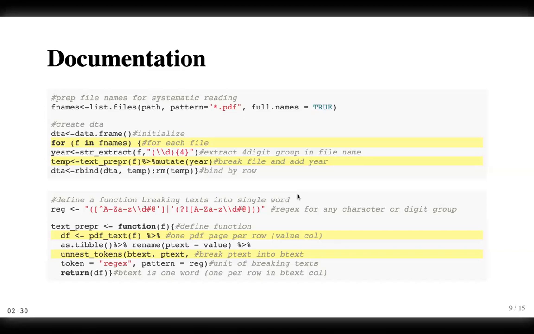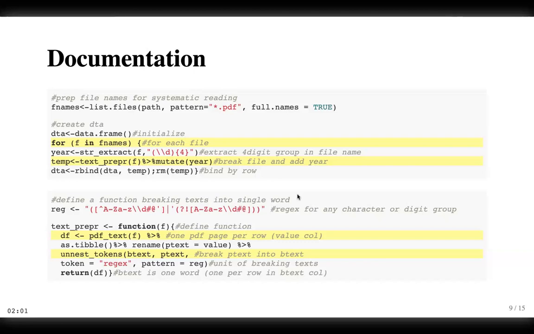The text prepper function here is defined as taking f as input, which is a file name. Then the pdf_text function is a function from the pdftools library to read a PDF file. After the pdf_text function, we will get many rows of text. Each row is one page of the PDF file.